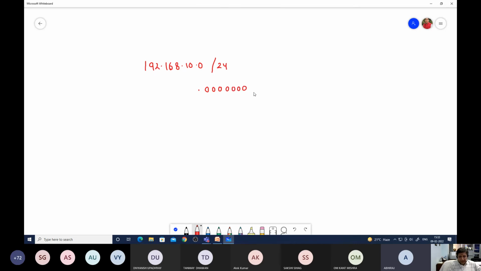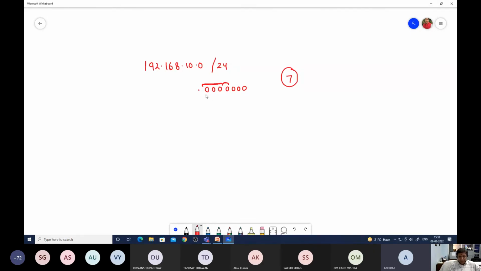And if you want to create 7 subnets, what you need to do is take 3 bits out of this, and maybe with old technology 4 bits.